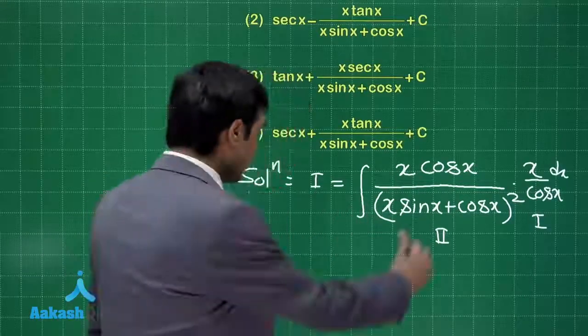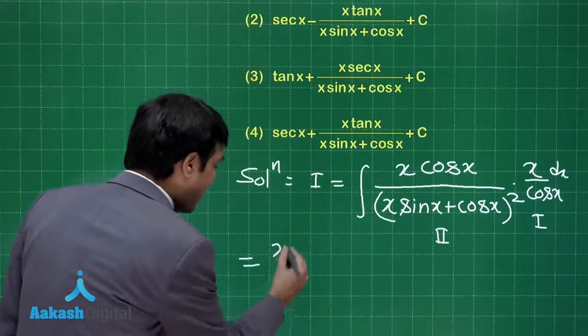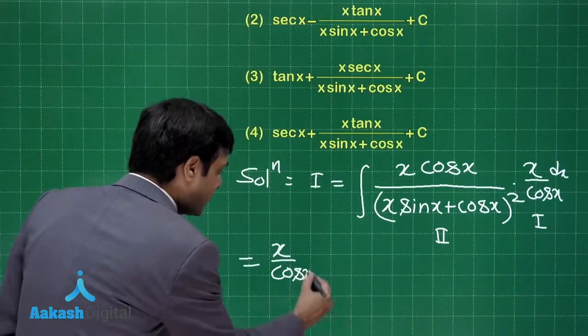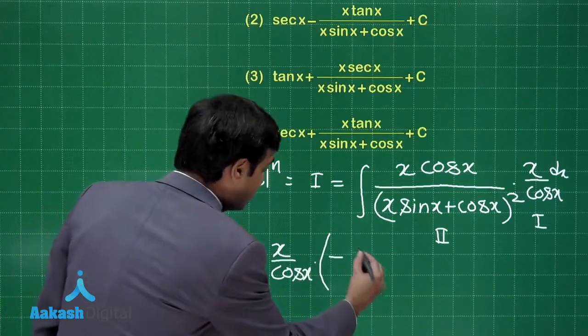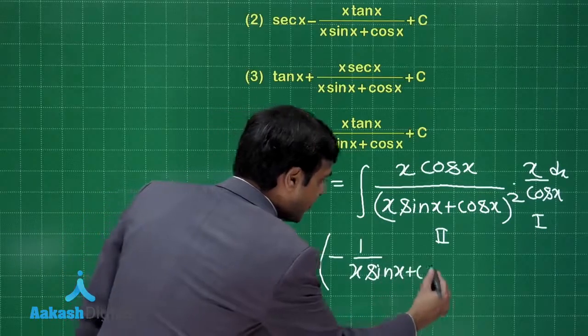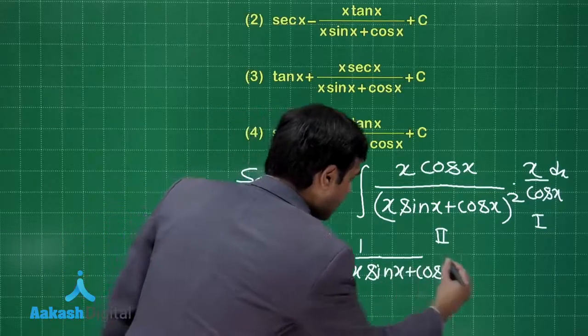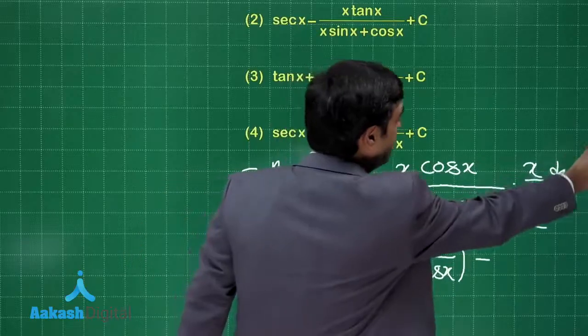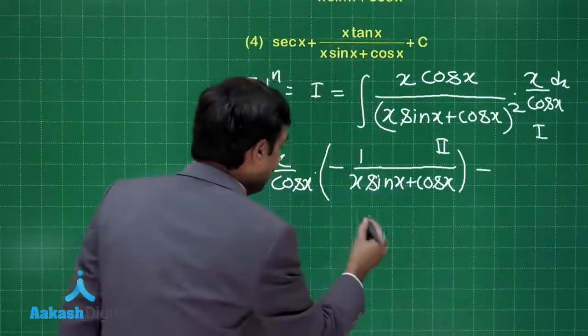Getting my point? So on integrating by parts, it is x upon cos x into minus 1 upon (x sin x plus cos x), minus integral.